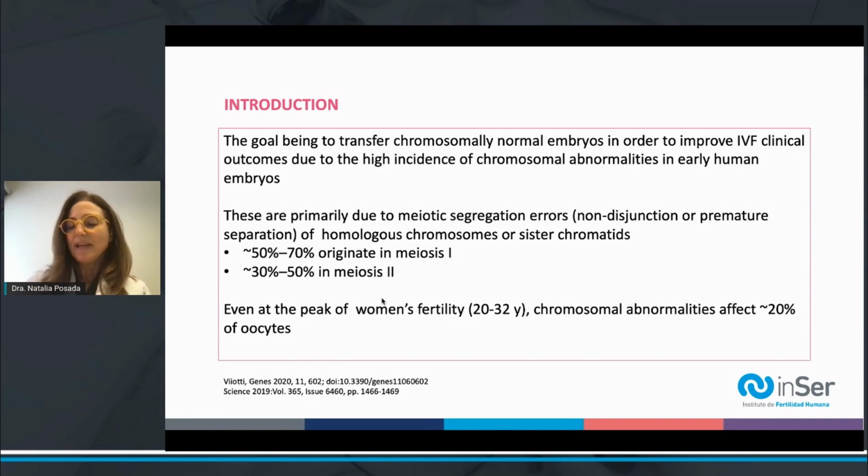The reason is that human embryos have a high percentage of chromosomal abnormalities, most of which originate in the eggs during meiosis 1 due to segregation errors of either non-disjunction or premature separation of homologous chromosomes or sister chromatids. Regardless of the age of women, even in their peak fertility years between 20 and 32 years of age, up to 20% of oocytes carry chromosomal aberrations.